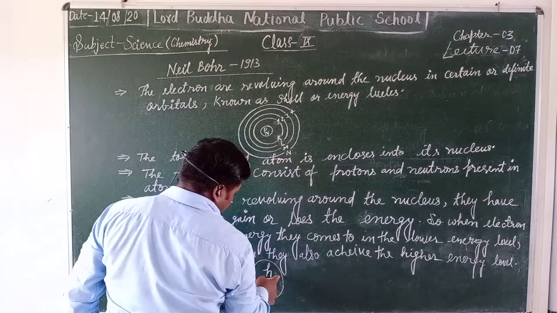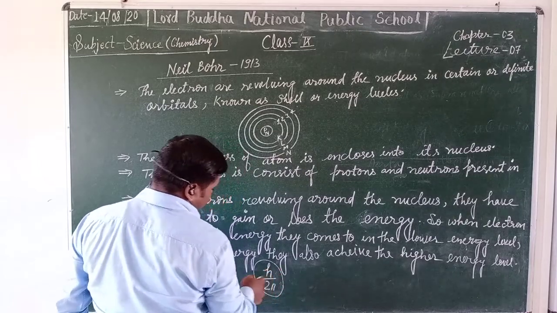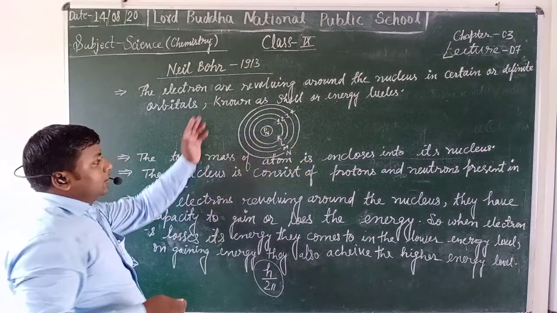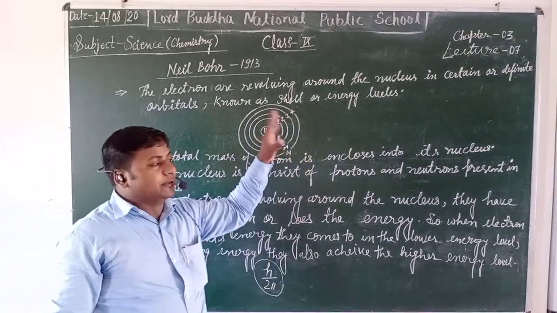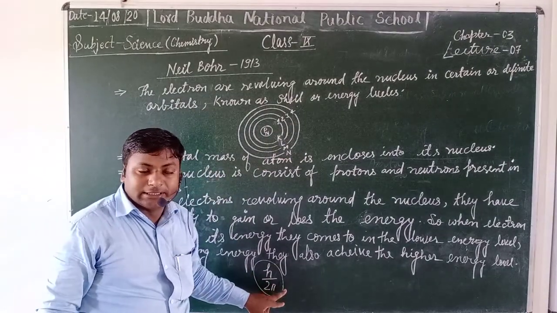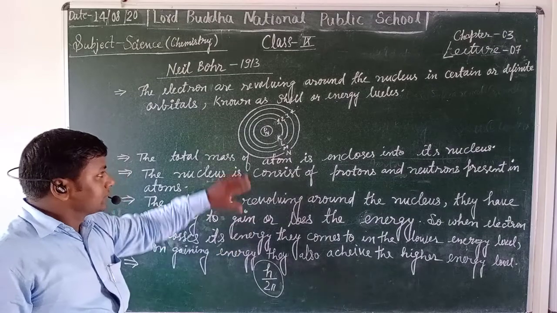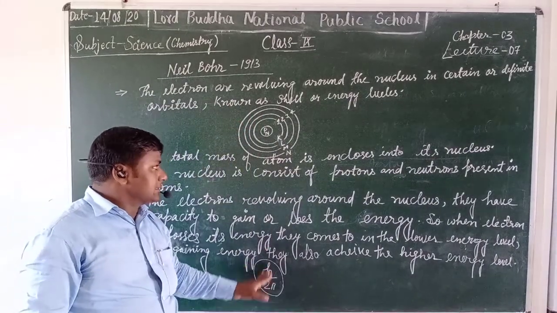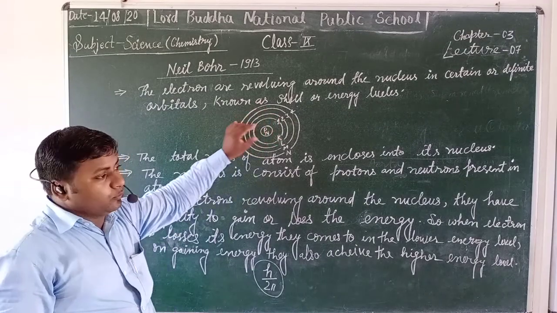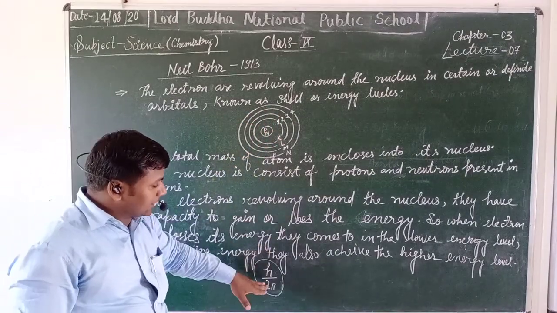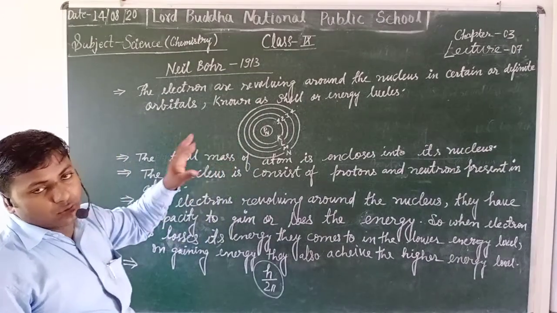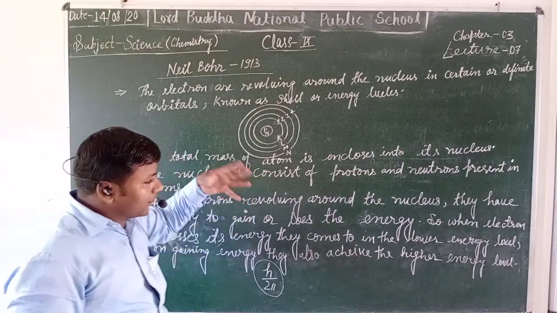If they maintain h upon twice pi, they always remain in the definite orbitals. If there is a fluctuation and it increases, they achieve a higher shell, and when it decreases, they jump into a lower shell, lower orbital or lower energy level.